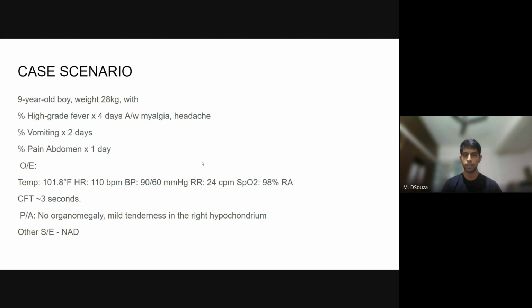Hemodynamics are more or less stable, but your CFT is just around 3 seconds, bordering towards 4 seconds. On examination, there is no organomegaly, but the child, as professed, is having mild tenderness in the right hypochondrium. Other systems examination is normal. Can anyone venture a guess as to what we're talking about here?